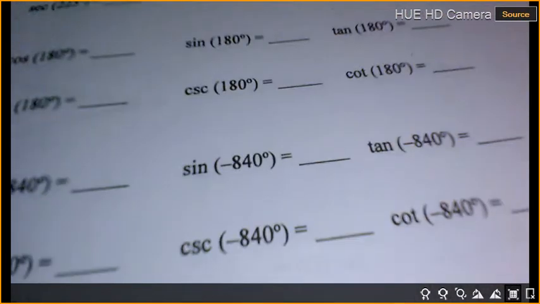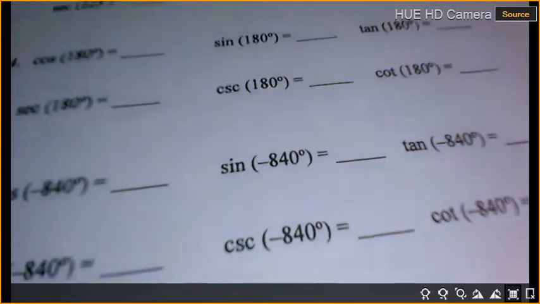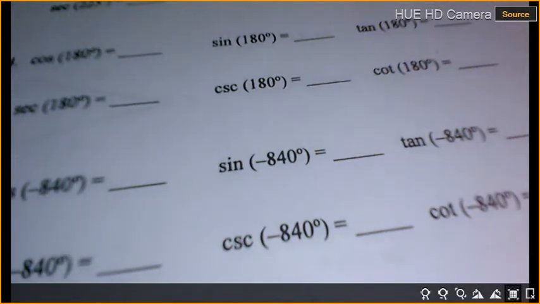Number 5 is -840. So the first thing I'm going to have to do is go, it's negative, so I know I'm going to have to go a different direction, but I have 840, and I'm going to subtract 360 from it, and I get 480. So I have to subtract 360 again, so I get 120. So this is 120, but it's a -120.